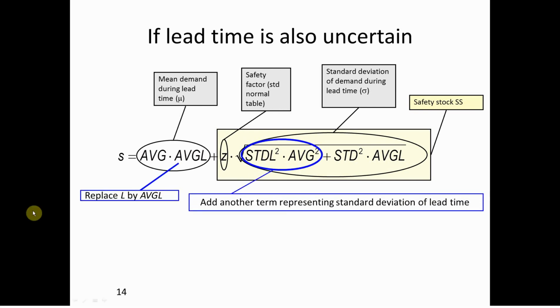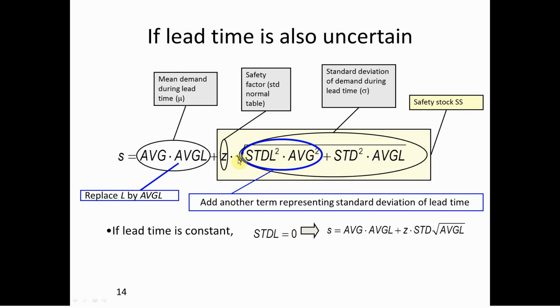We've replaced the lead time with the average lead time, and we've added another term representing the standard deviation of the lead time. Once again, if the standard deviation of the lead time is 0, meaning the lead time is constant like before, this whole thing degenerates into the previous equation.